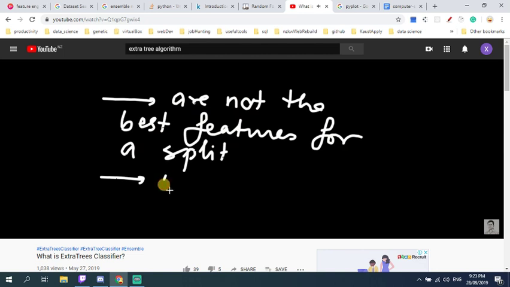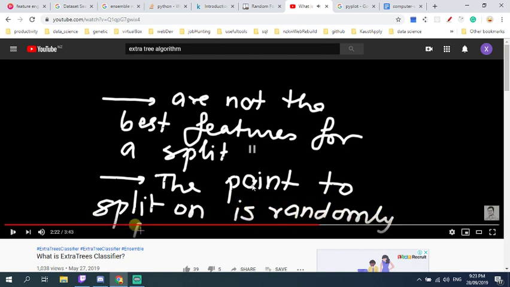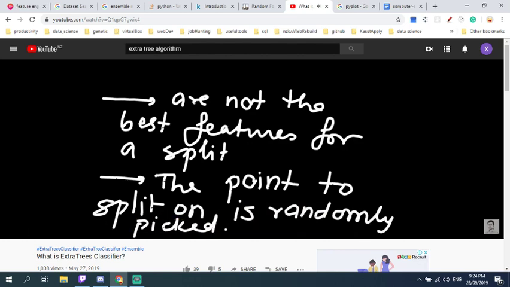So again, the whole idea is rather than spending time in finding out the best splitting point, I randomly pick up a point and split based on that. This leads to more diversified trees and less splitters to evaluate when training an extremely random forest.